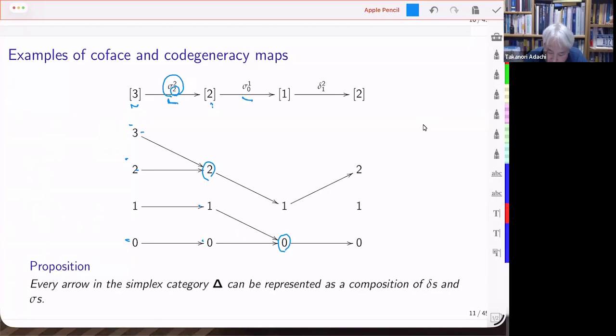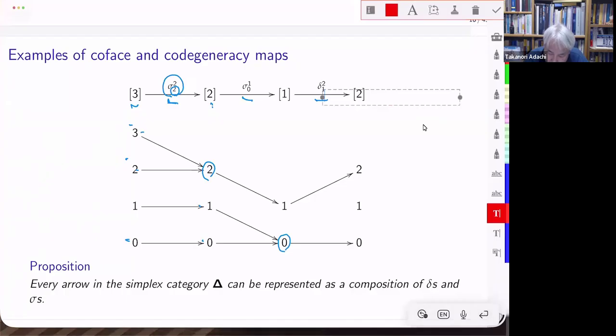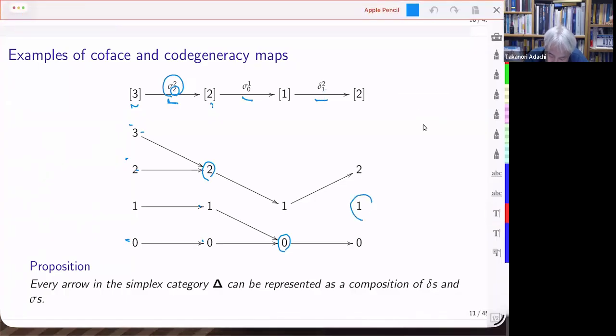On the other hand, we have the delta here. So delta 2, 1 means at 1 we leave a vacancy, so at 1 we don't have incoming arrows. In this way, every arrow in the simplex category Delta can be represented as a composition of these sigmas and deltas.